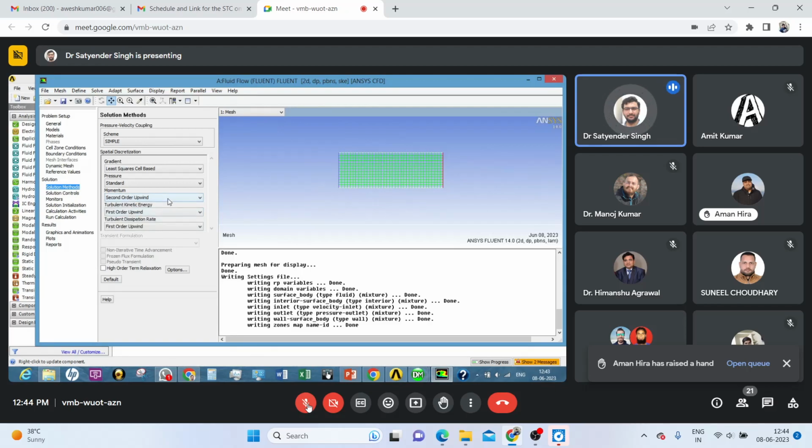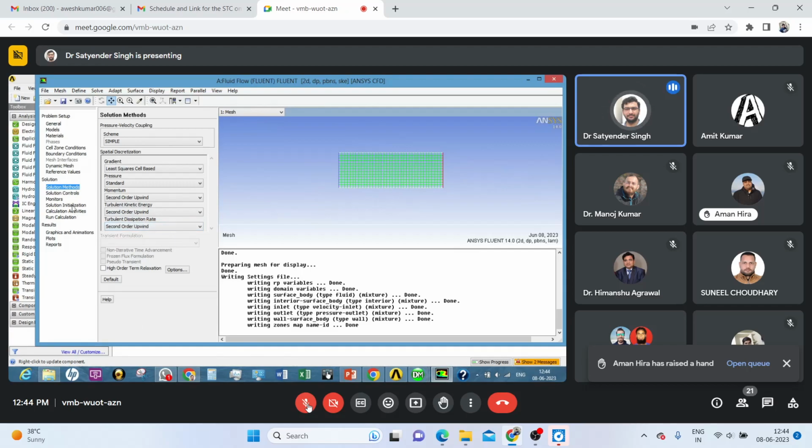You can take the order as the highest order in an algebraic equation, so second order represents almost that, because the advection scheme assigns weightage to the upstream and upstream of upstream, and its formulation requires some algebraic equation. Similarly, for turbulent kinetic energy and dissipation, we are also assigning second order.